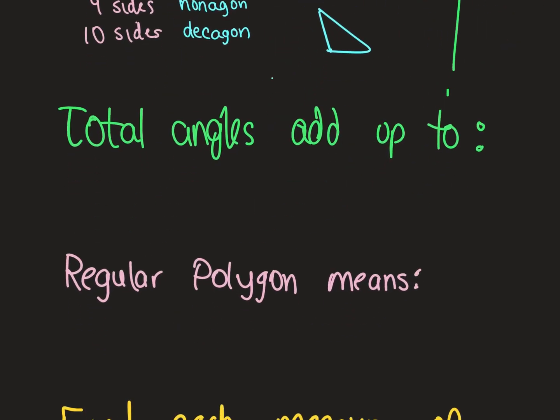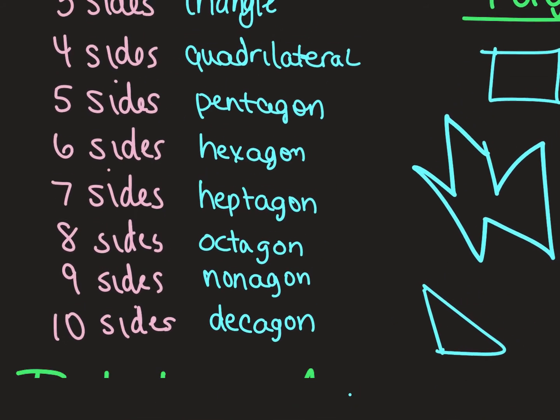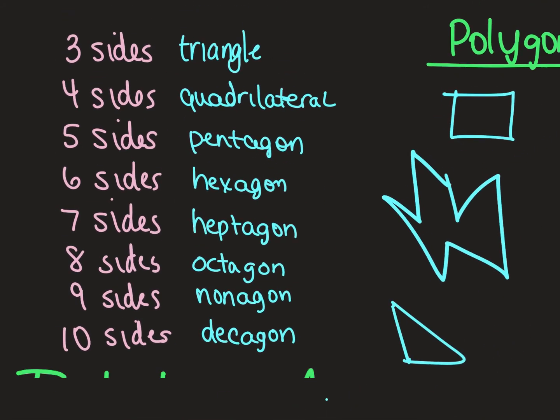The total angles in a polygon equal up to, well, each of these in our list is going to have its own special number. We know triangles add up to 180. We know quadrilaterals add up to 360. We know pentagons add up to 540. Oh, wait, or do we? We don't know that. Well, here's how we're going to find it out.